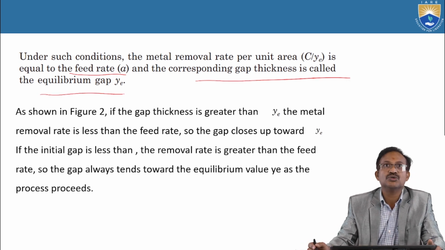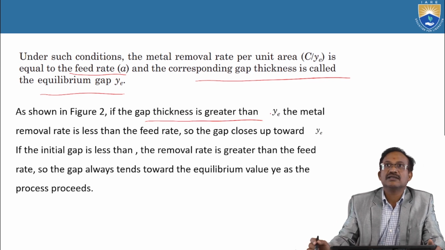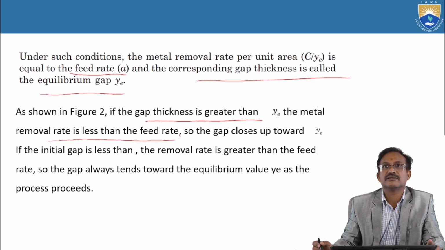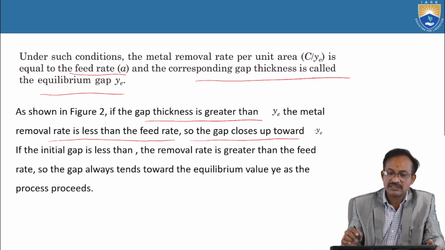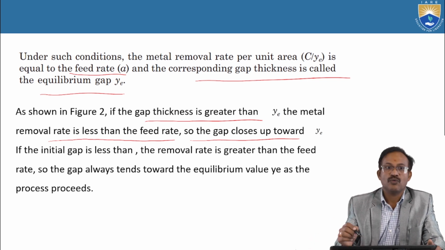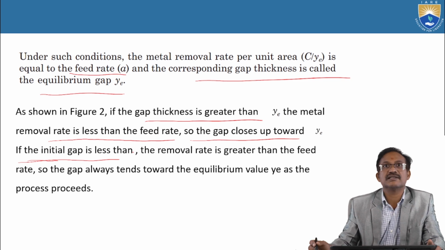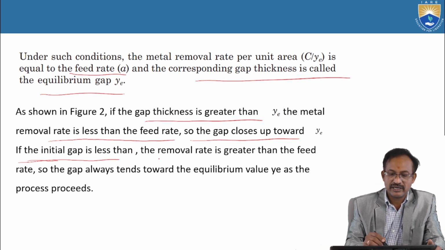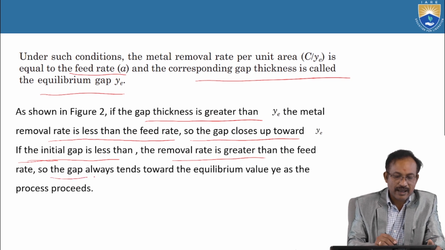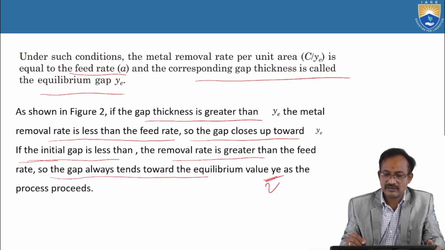As shown in figure 2, if the gap thickness is greater than ye, the metal removal rate is less than the feed rate. So the gap closes upward ye. If the initial gap is less than ye, the removal rate is greater than the feed rate, so the gap always tends towards the equilibrium value ye.